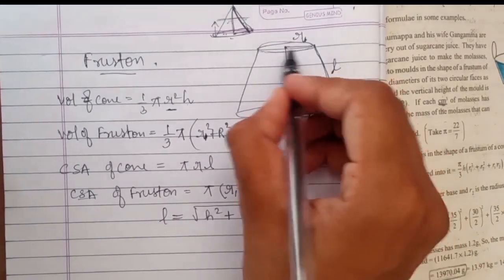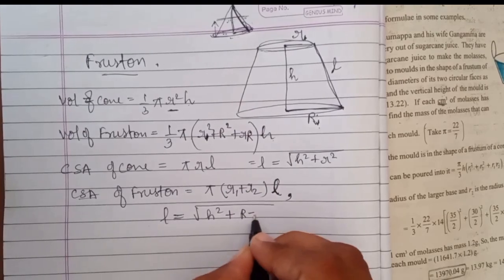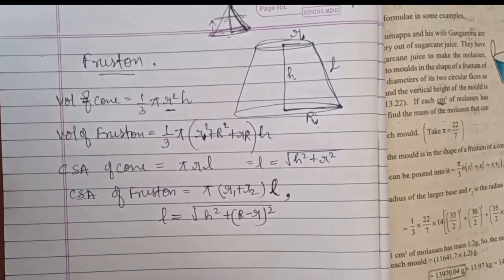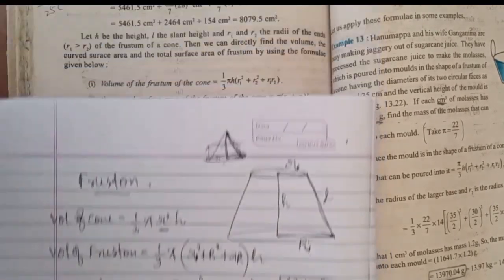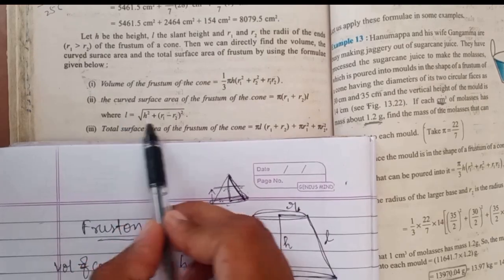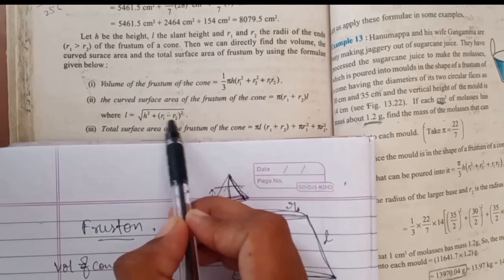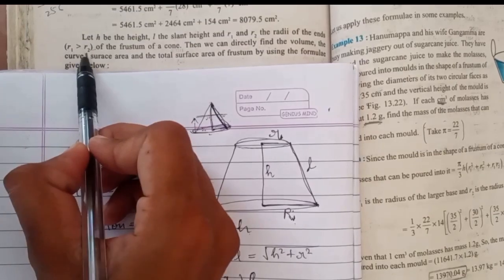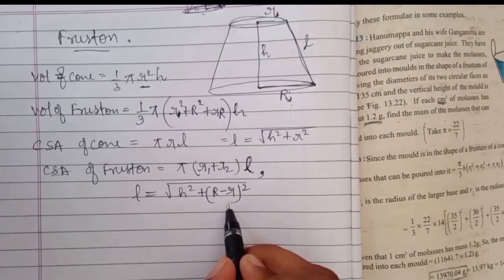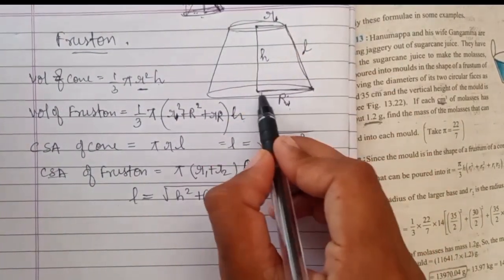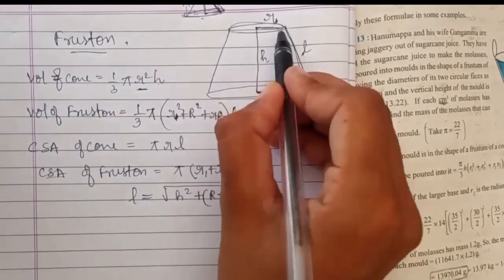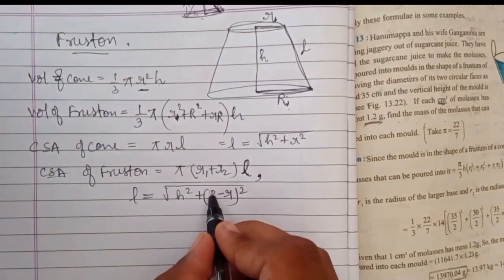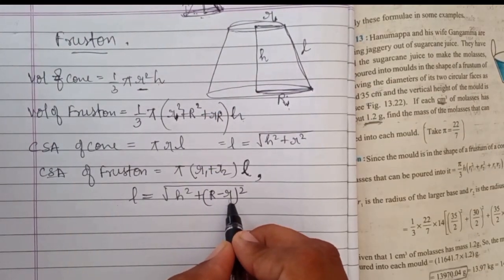Net radius means (capital R minus small r) whole square. This is the slant height of frustum, r1 minus r2. Here r1 is greater than r2, so keep in mind that when subtracting, the lower radius is greater than the upper. So we wrote capital R minus small r.